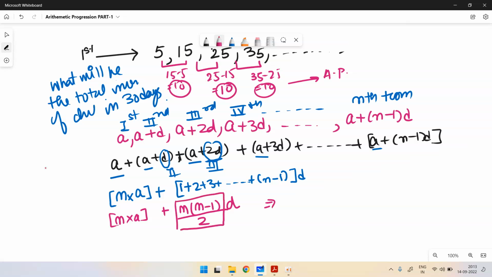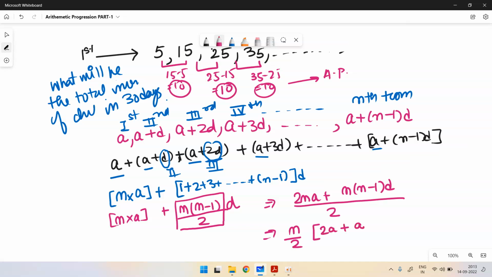No need to even remember this, this is just me deriving. You need to remember the final formula. This is (2na plus n into (n minus 1)d) by 2, which is nothing but, if you take n by 2 common, n by 2 into (2a plus (n minus 1)d). This is your formula.